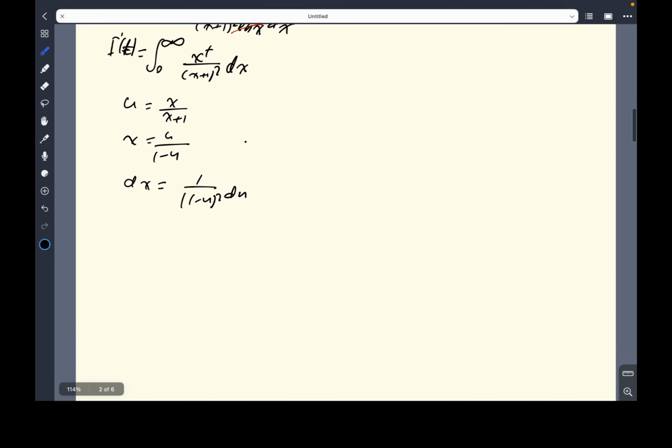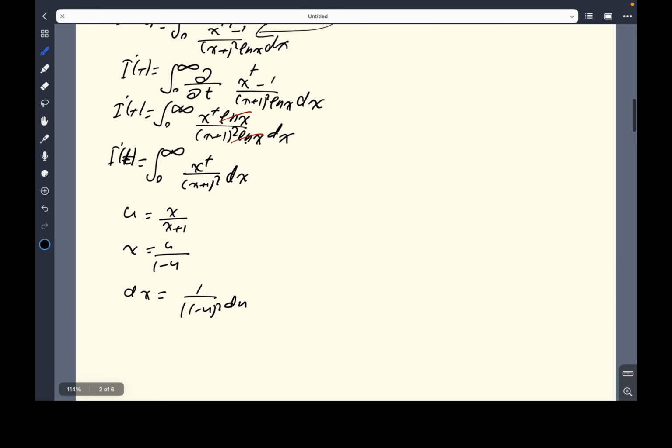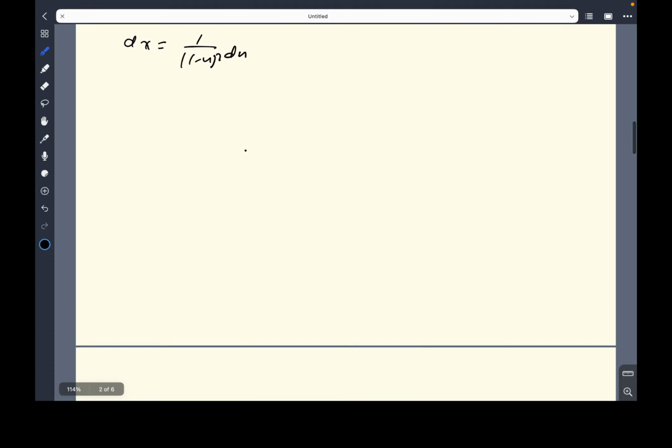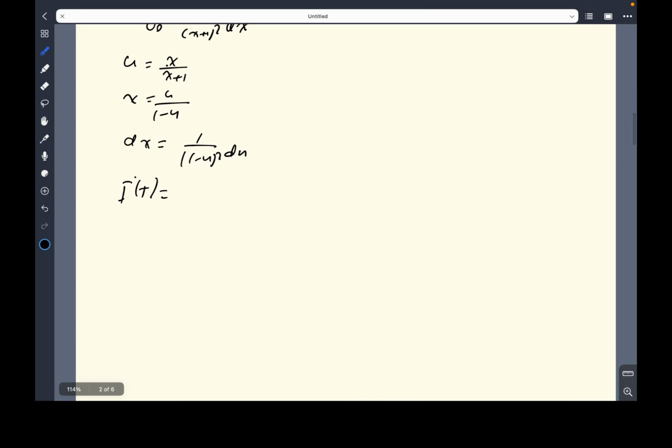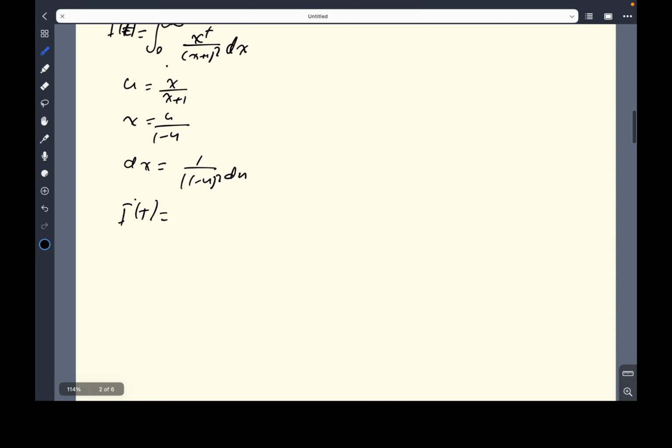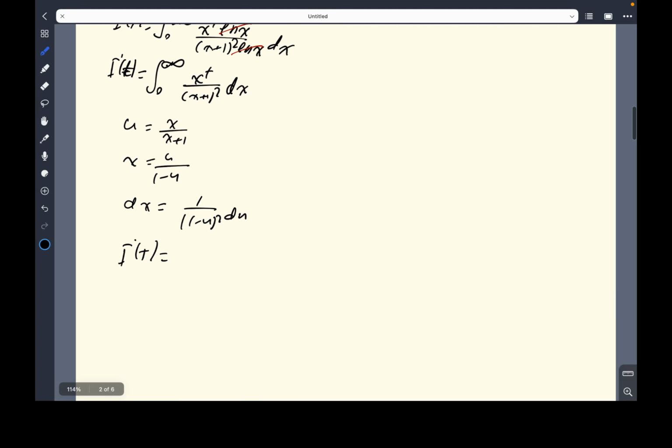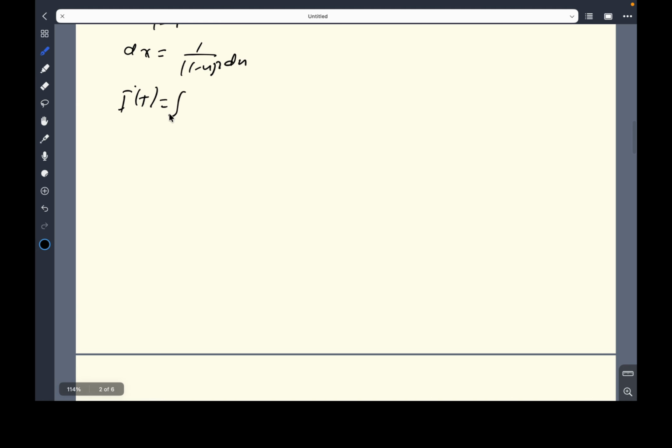If I substitute my values here into the integral, my I prime of t is the integral from 0 to infinity. No, I have to change my bounds here. Oh yeah, so this is for the other part of the problem. Never mind. I'm going to write it as u over 1 minus u to the t over 1 over 1 minus u squared times 1 over 1 minus u squared du.